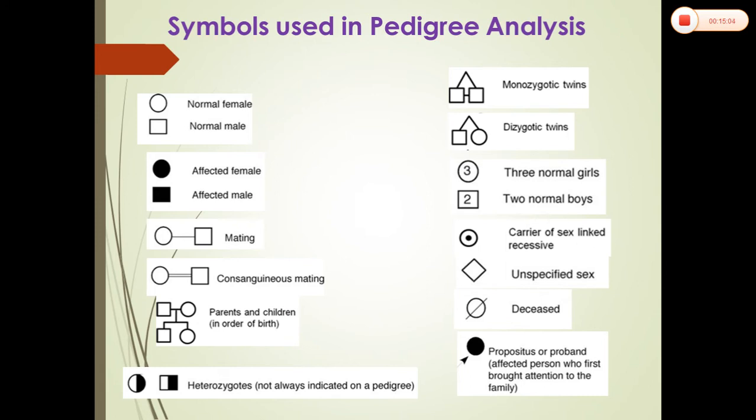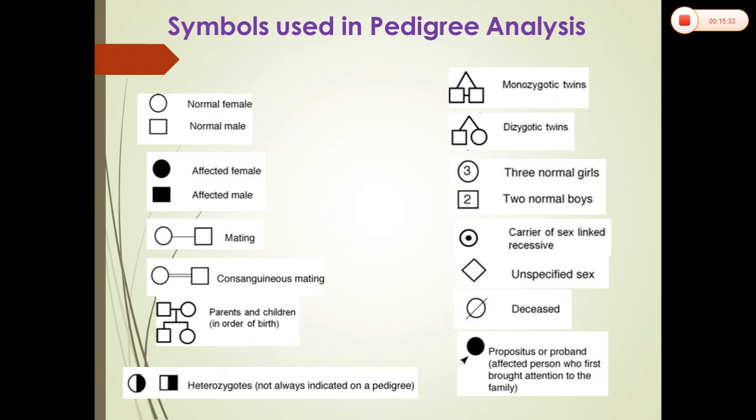Okay, so that symbol which we use is known as propositus for female, means if the circle is darkened and one small arrow is shown at its base, it is known as propositus. If the disease is traced in a male individual, then instead of a circle you will find a square which is darkened, and at the base there is an arrow, so that is known as proband.